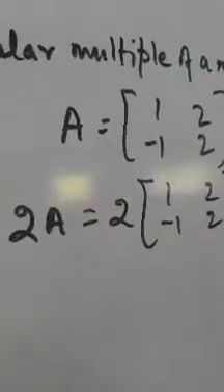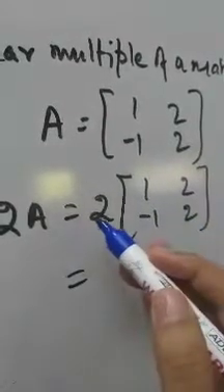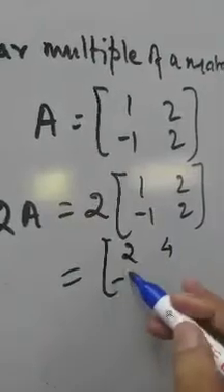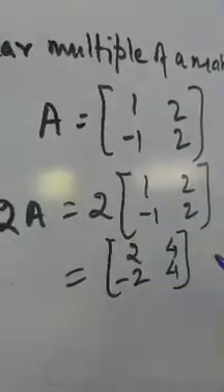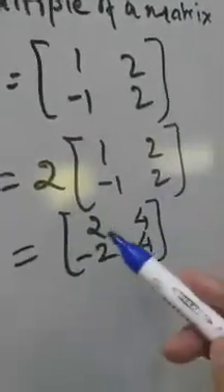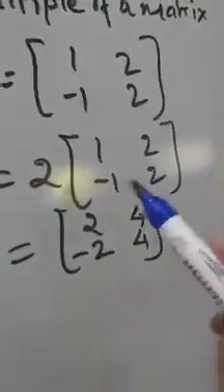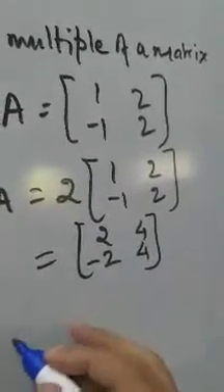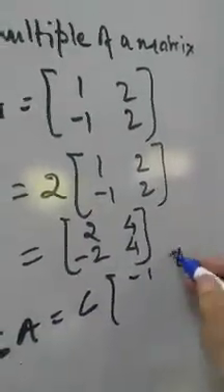So what we will get is that each element of the matrix will be multiplied with 2. So it will be [[2, 4], [-2, 4]]. Each element will be multiplied with 2. So it is 2 into 1, 2; 2 into 2, 4; 2 into minus 1, minus 2; 2 into 2, again 4.